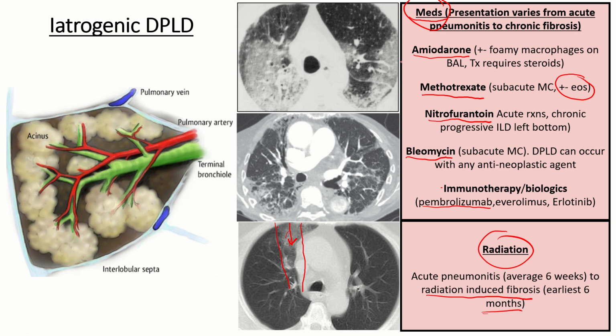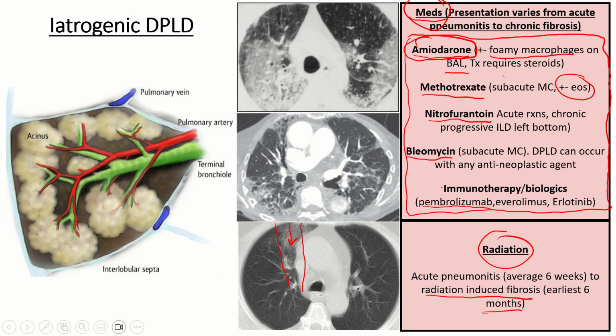Most of these, or almost all of these, obviously hold the drug for treatment, but most of these respond to steroids. And you may have to do really long-term steroids specifically for amio because it has such a long half-life as well. One clue for the amio might be these foamy macrophages as well on your BAL. So consider iatrogenic diffuse proliferative lung disease.